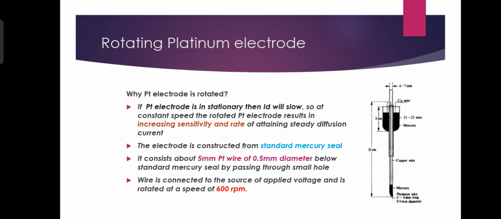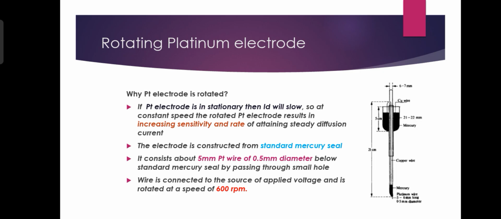Next I come to the rotating platinum electrode. You can see that along with our dropping mercury electrode, there is a platinum wire or platinum electrode. It is in a rotating condition, as it is not used at higher voltage application. Why is it in a rotating condition?